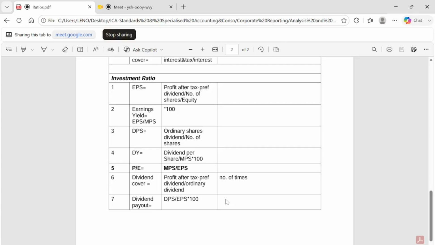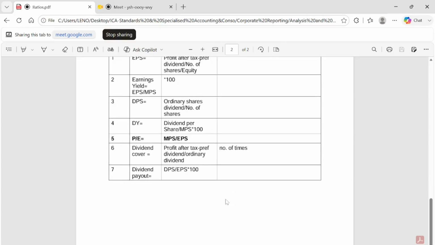Do you understand? I cited an example, like if the market price of the share is 60 and the earning is 3 cedis, when you divide, we give you 20. So investors are willing to pay maybe 20 cedis for every one cedi of the earnings of the company.